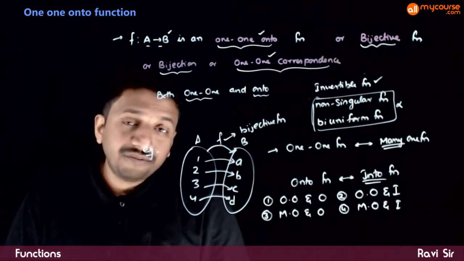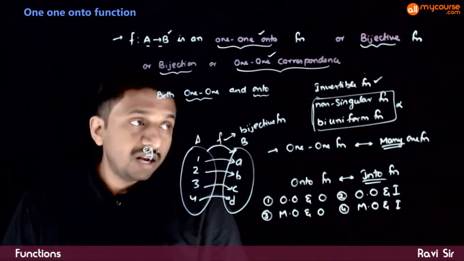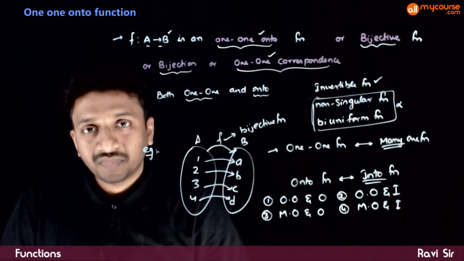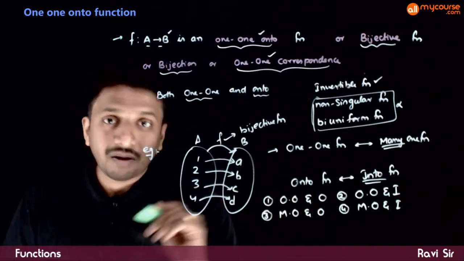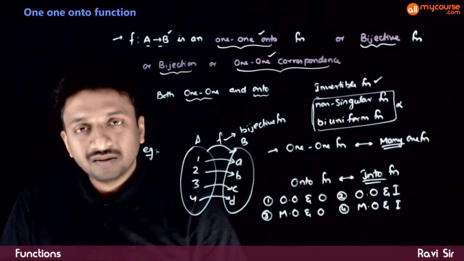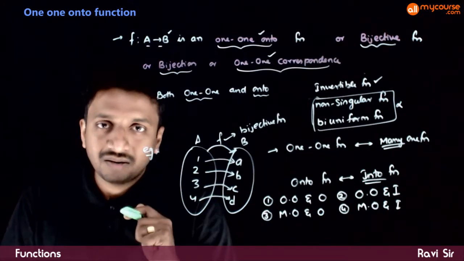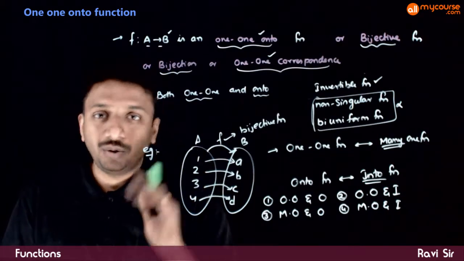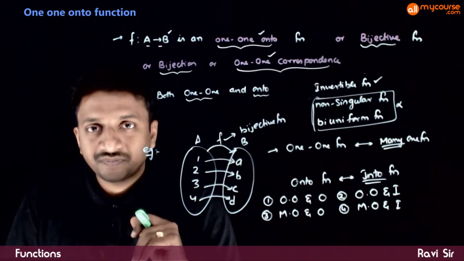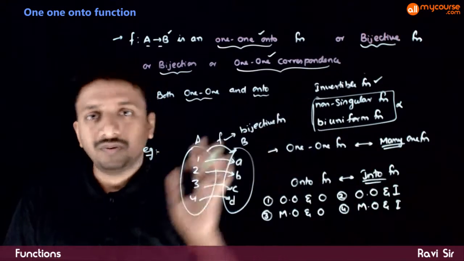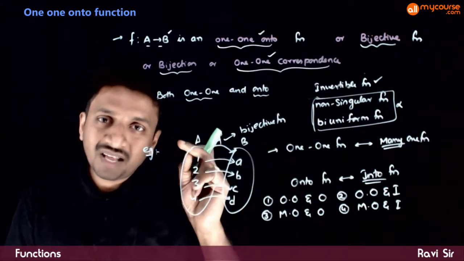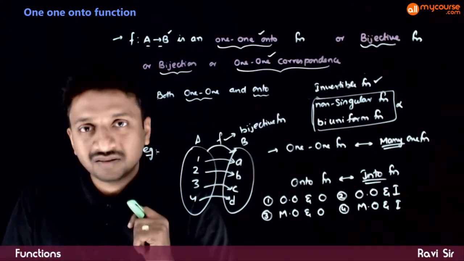Now, if a function is not 1, 1, we call it a many 1 function. If a function is not onto, we call it an into function. 1, 1, many 1, onto, into. 1, 1 means different elements should have different images.